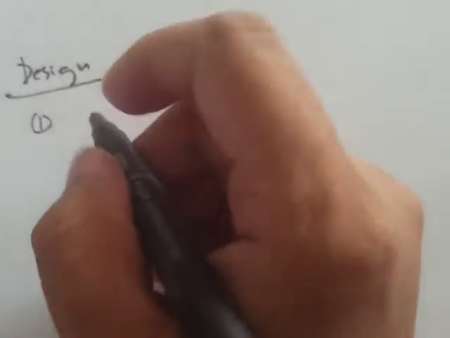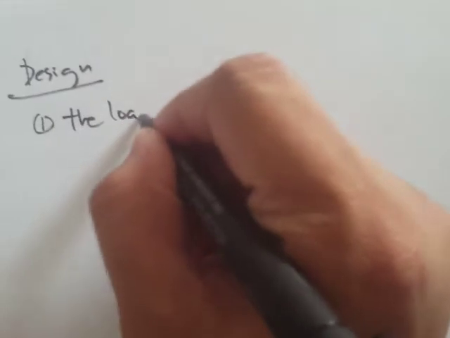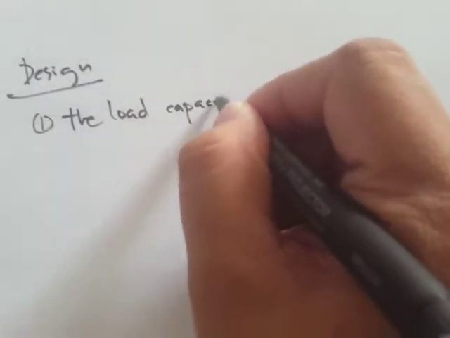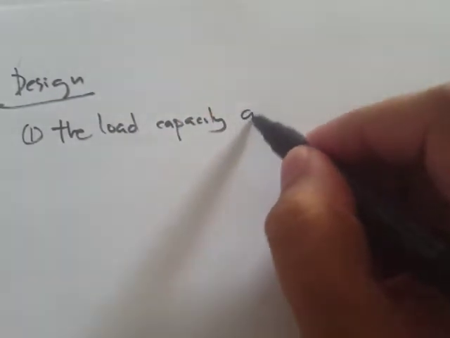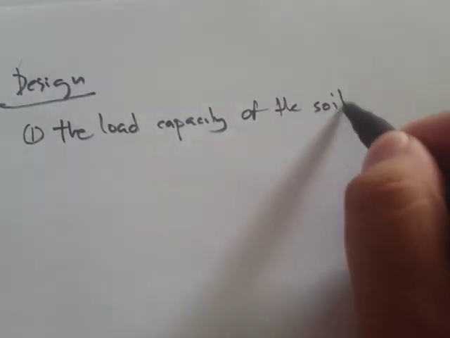Now let's go on to the derivations and code provisions. The first general requirement for the design is that the proper design of footings requires that the load capacity of the soil is not exceeded.